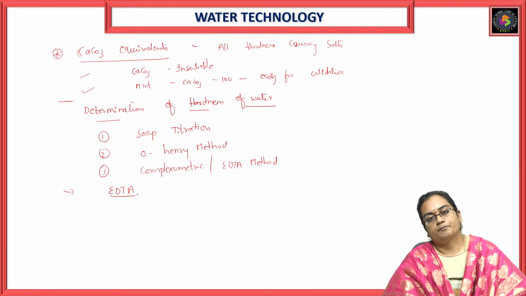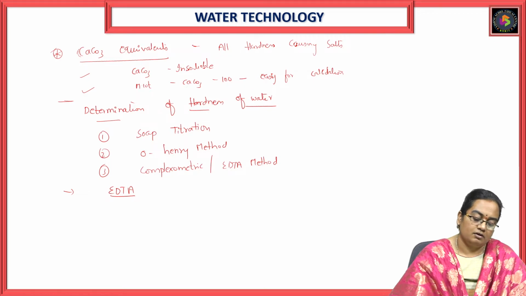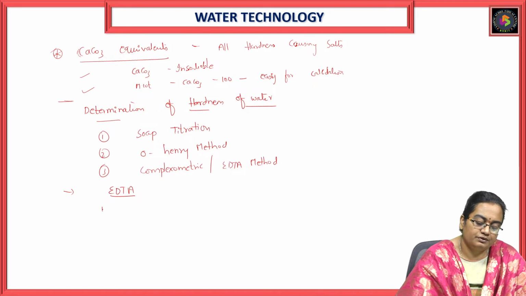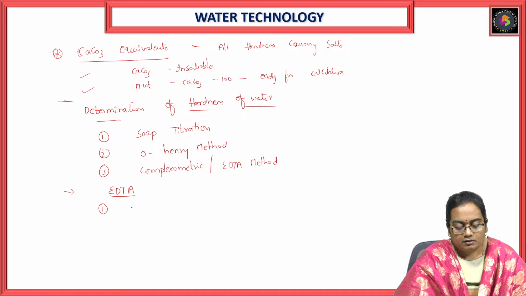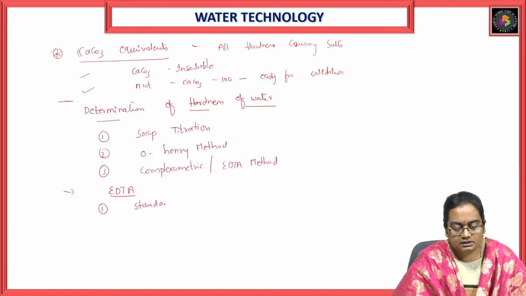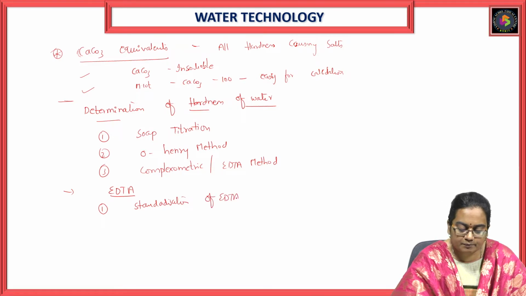In this EDTA method, we have three different stages. The first one is standardization of EDTA. That is your first step.